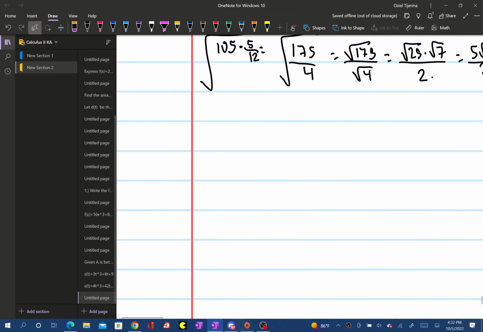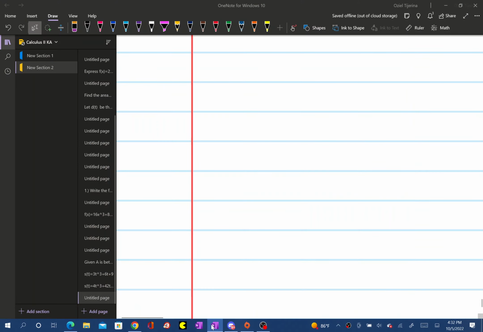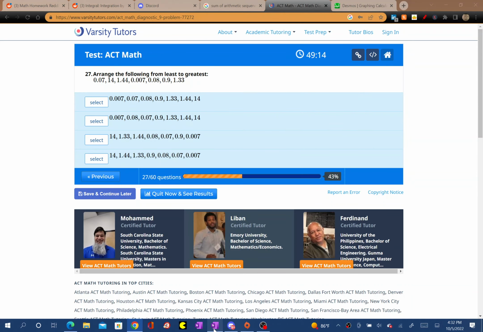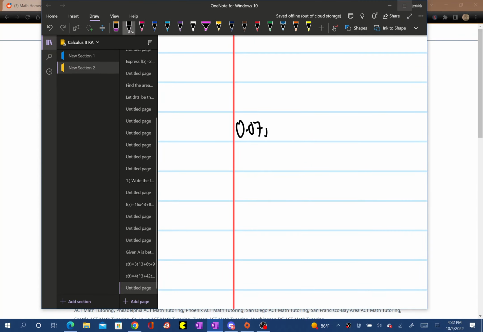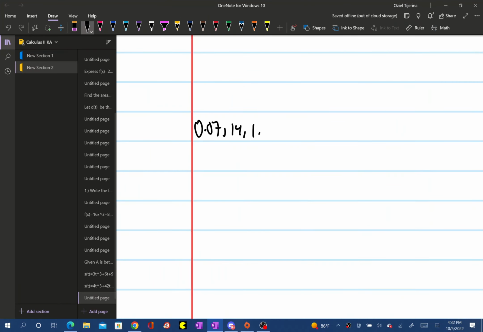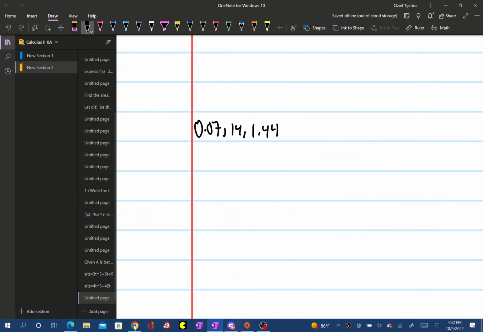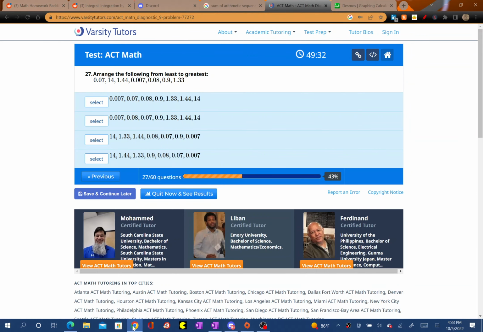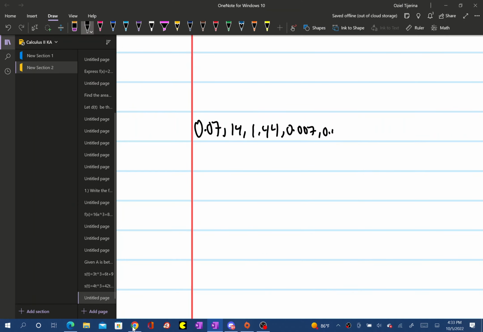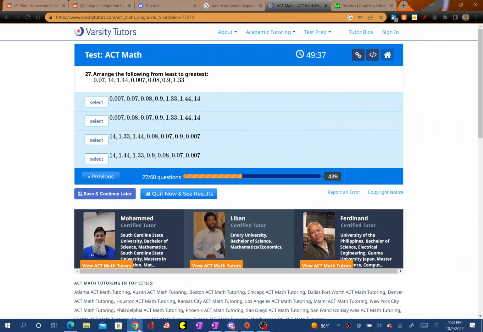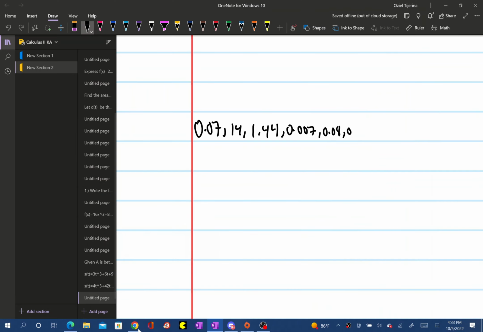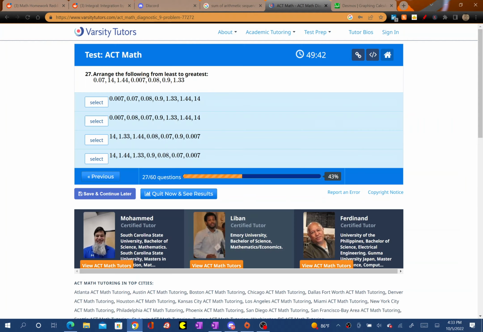We have 0.07, we have 14, 1.44, and then we also have 0.007, and we also have 0.088, and then we have 0.9, and 1.33.